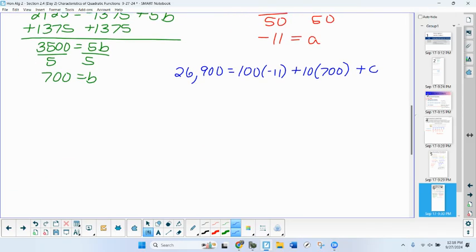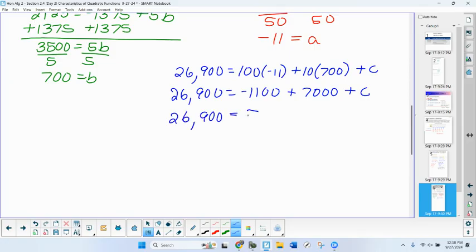Okay. What was 100 times negative 11? Negative 1,100. And then 700 times 10 is just 7,000. Add those together. What do you guys get? 5,900.